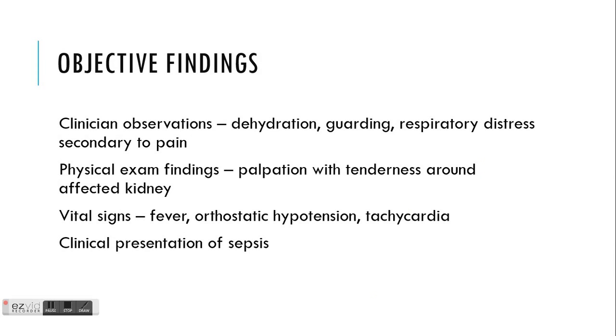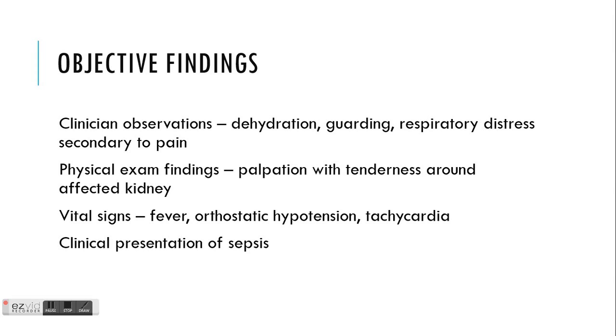Some objective findings, so these are things that as clinicians we can certainly pick out and know that our patients are suffering from. Some clinical observations would be dehydration, so we see the tinting on the back of the hand or on the forearm. Their mucosa, their mouth, might be dry as well if they have dehydration.